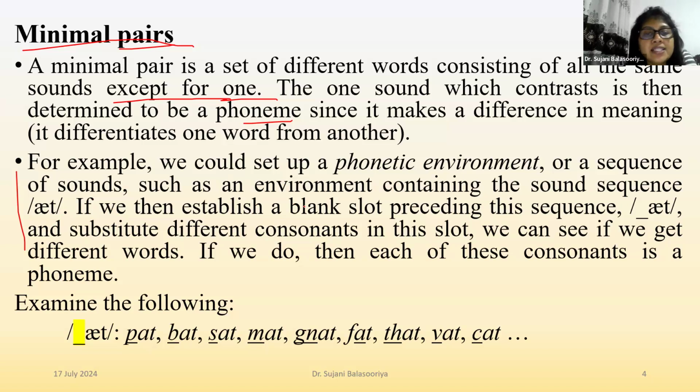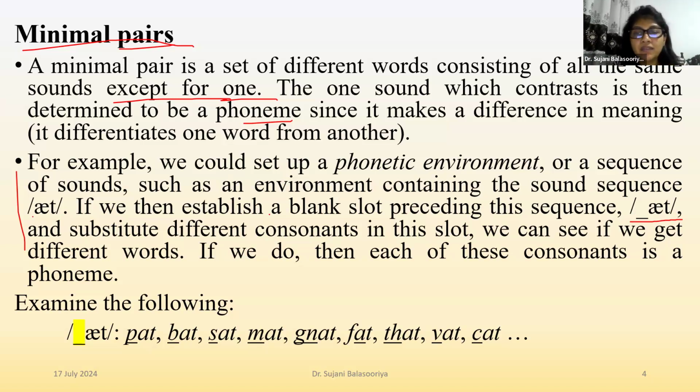If we then establish a blank slot preceding this sequence, which means at is the latter part of the word, and before at you have a blank. Okay, now you can understand here I have written at in phonetic script. So this blank means I'm going to put a sound or phoneme into that blank.